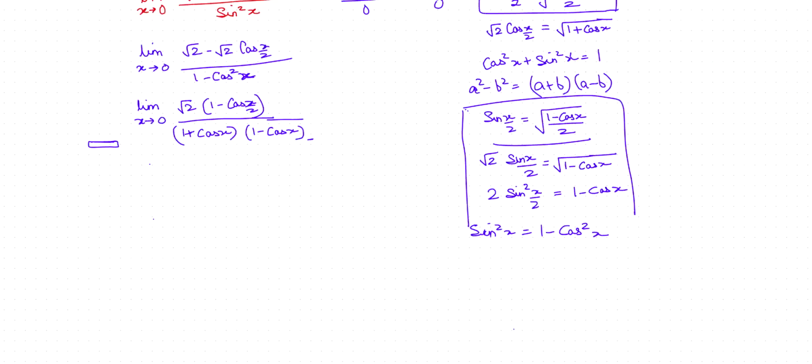After we get a square minus b square like 1 plus cos x and 1 minus cos x, we see here that sin x by 2 is square root of 1 minus cos x by 2, the half angle formula. So when we simplify, we will get 1 minus cos x as 2 sin square x by 2.